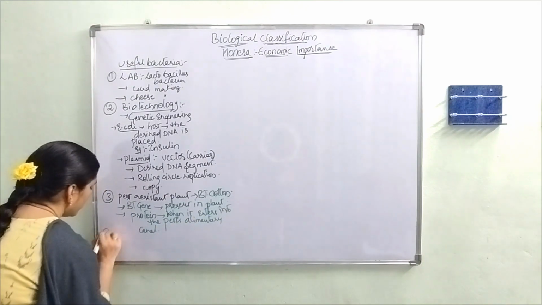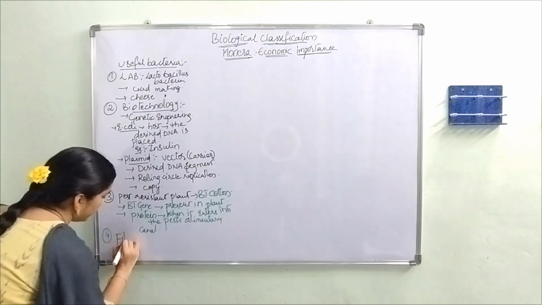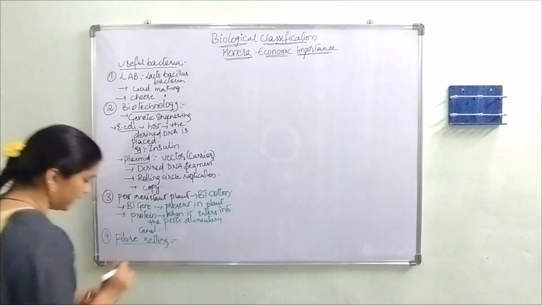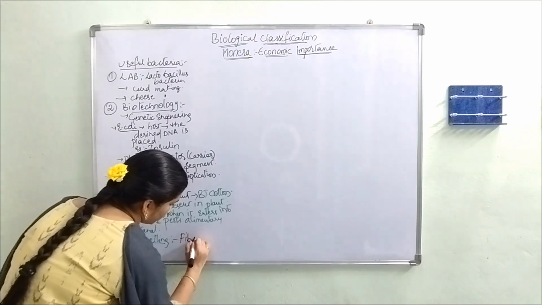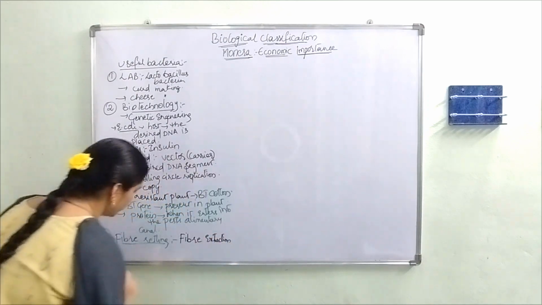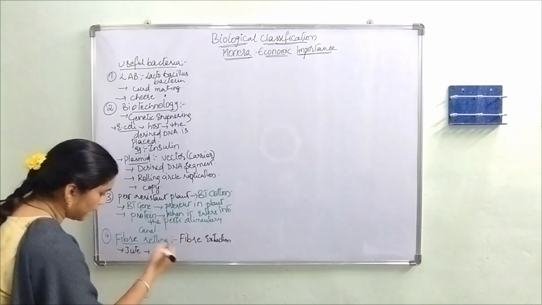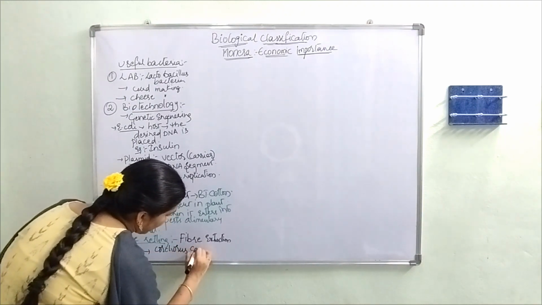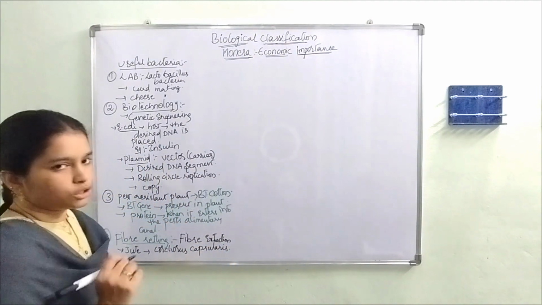Next, coming to the organisms which are used in fiber retting. Fiber retting is nothing but fiber extraction. Example of fiber is jute. One example of jute plant is Corchorus capsularis, which yields the jute fiber.